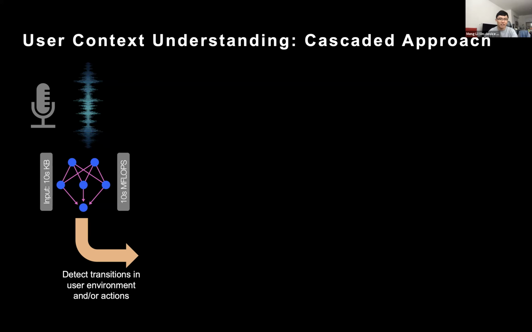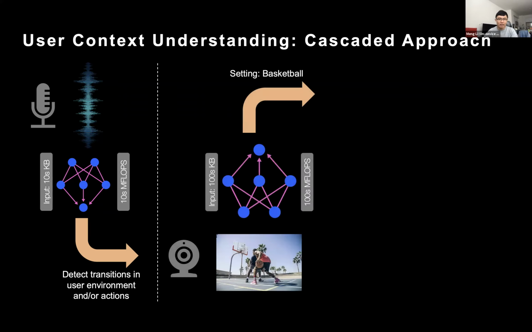And once such transitions are detected in the user environment, a single image-based pipeline will be activated. And this pipeline will detect the important objects in the scene, for example, a basketball in this case.